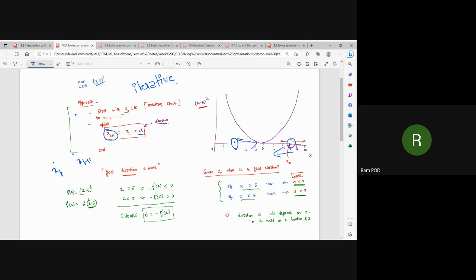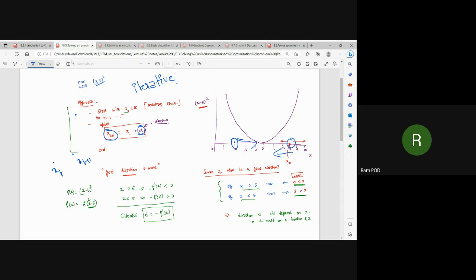We want to move in the direction, right? So to move towards x_t plus 1, there's going to be this direction or value d we need to add. As I told you, if it is 2, we want to move to the right, and if it is 8, we want to move to the left.